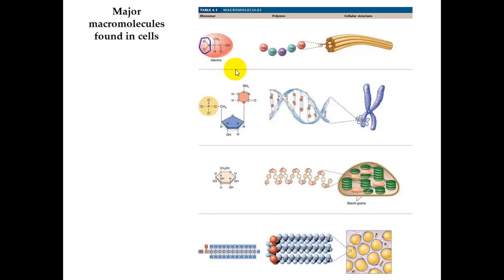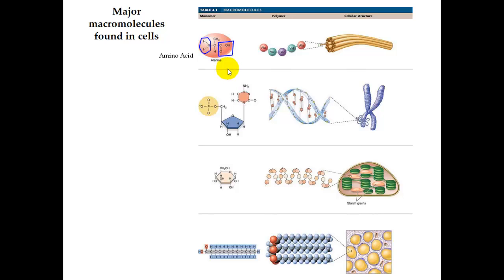The portion over here that has a C double bond O and then a hydroxyl group is called a carboxylic acid. If you can recognize these two groups, an amine group and a carboxylic acid, that's the reason why this entire molecule is called an amino acid.